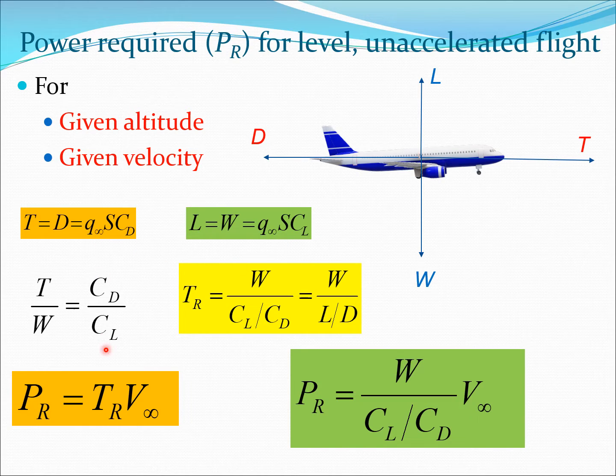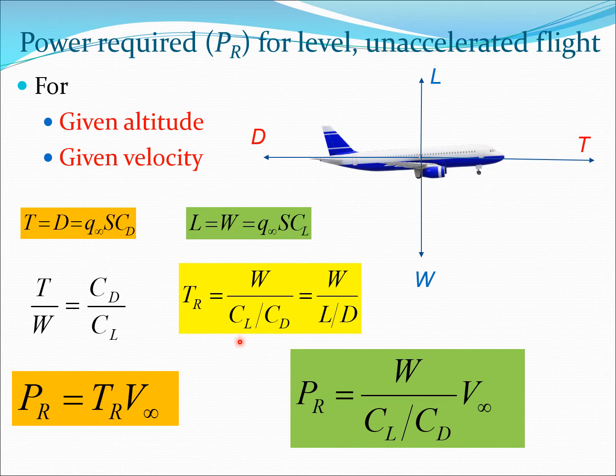Now if I divide these two equations, I get thrust by weight equals CD by CL, and so I can write the thrust required equation as W by CL by CD, or W by L by D. So essentially what this tells me is that if I want to have minimum thrust, then I should fly in the situation of maximum CL by CD, which we discussed in our previous lecture.